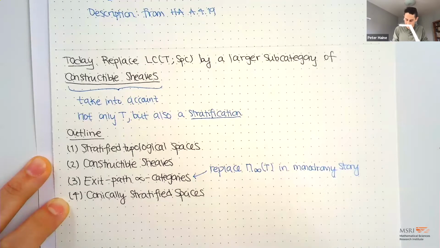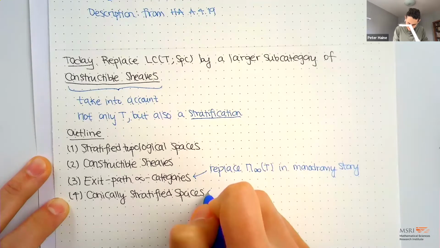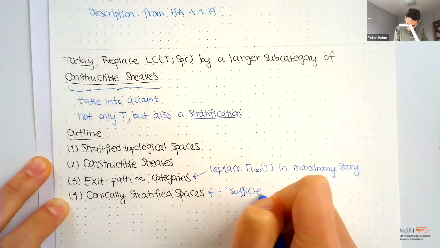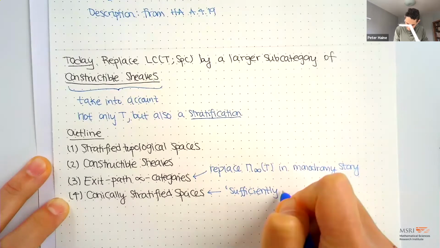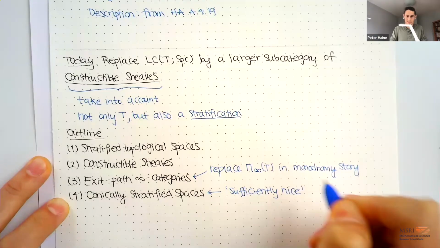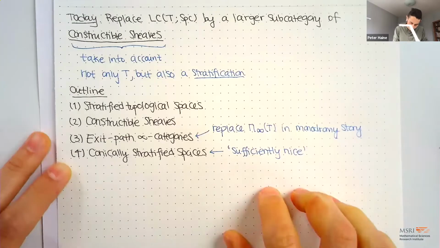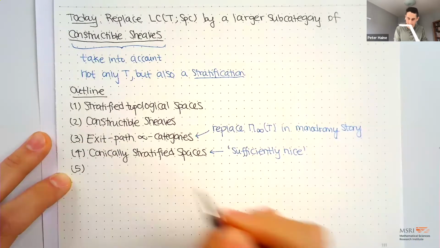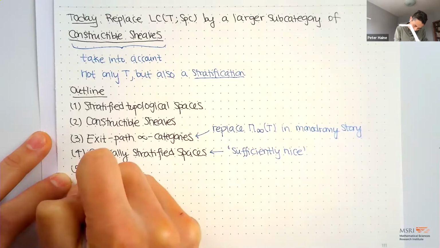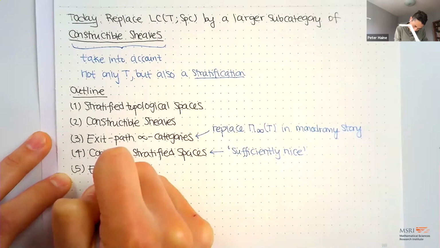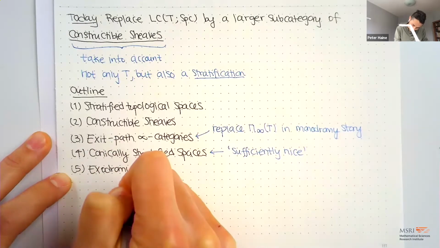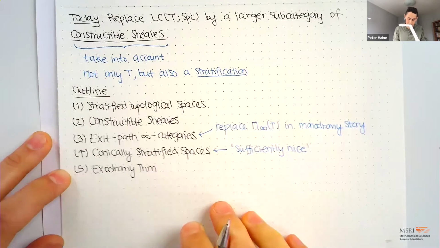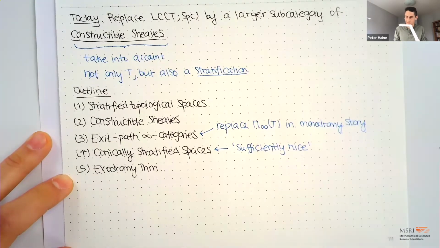Essentially this will mean sufficiently nice. Then I'm going to talk about this exodromy theorem. This is the version of monodromy when you enlarge to constructible sheaves.